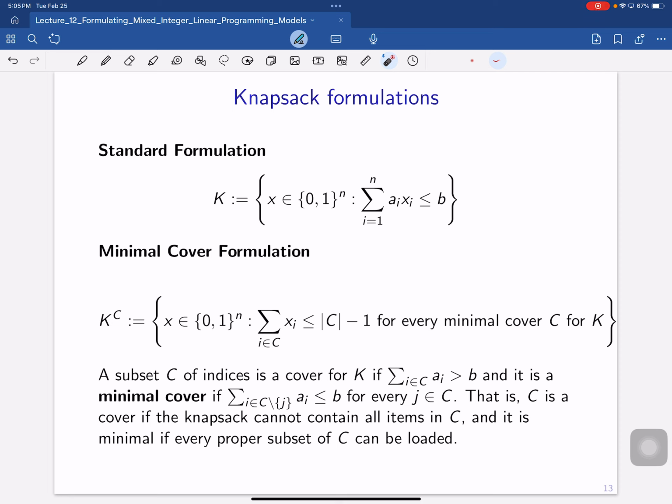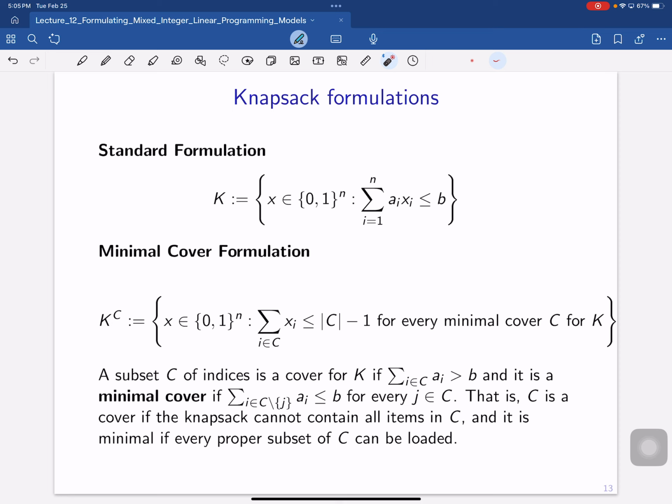So that means if you pick all the items in this set C, it will exceed the capacity. But if you take out any of the items from the set C, you are fine. So that's why it is a cover. It is minimal in the sense that if you take out any of the items, you are within the capacity. That is a minimal cover.